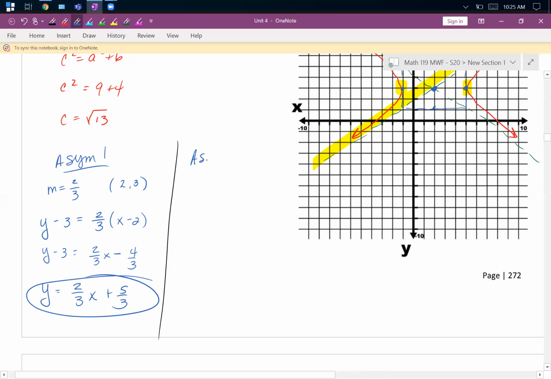And then for our second asymptote, our slope is just the opposite, negative 2/3, and we're going to use the center again.